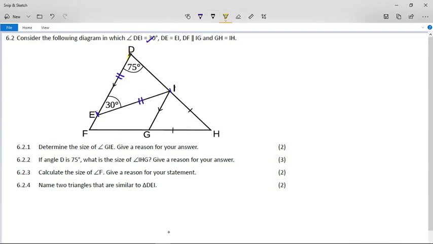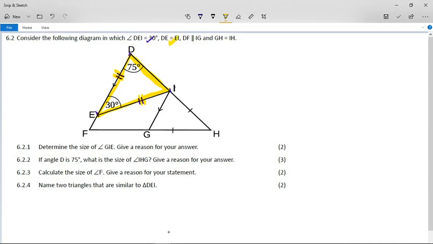If we go from D to E to I and back to D, we have a triangle here that's got these two little markings on the side. So immediately I can see this is an isosceles triangle. Okay, so that's one piece of information they've given us. We've marked off DE equals EI.